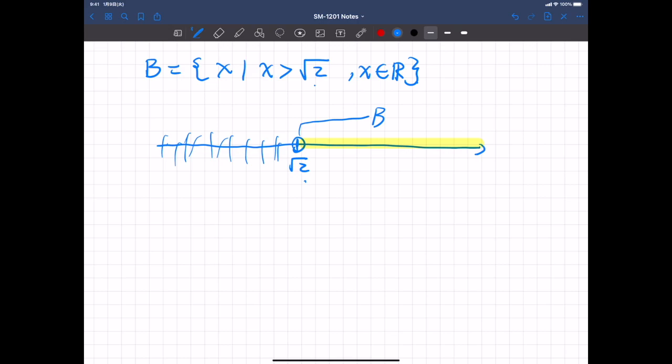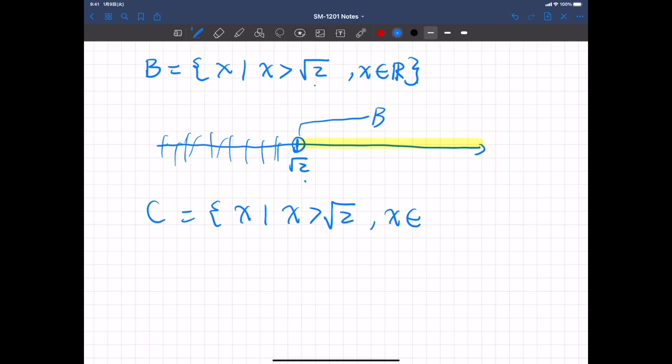And consider a similar set. Let's say B prime, or maybe prime is confusing, so let's call it C. So C is a set of rational numbers greater than square root of 2.